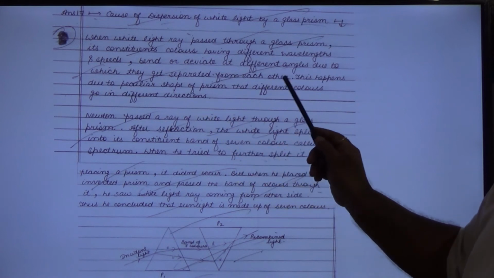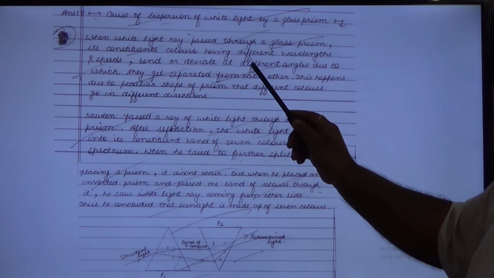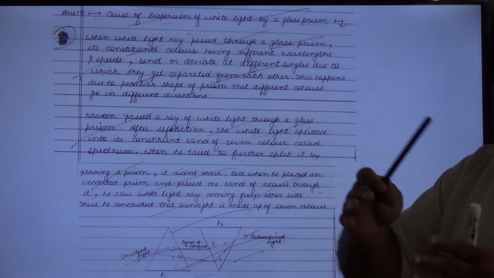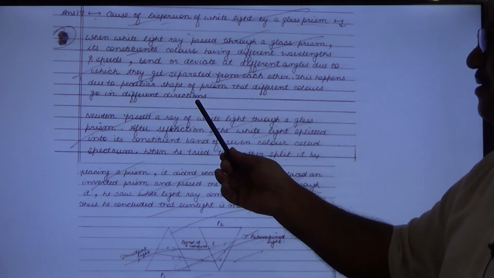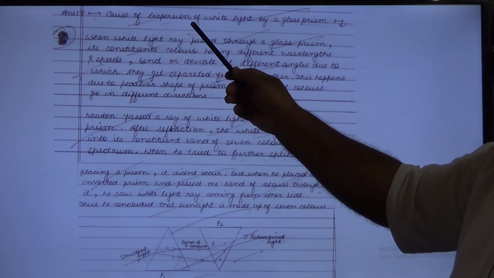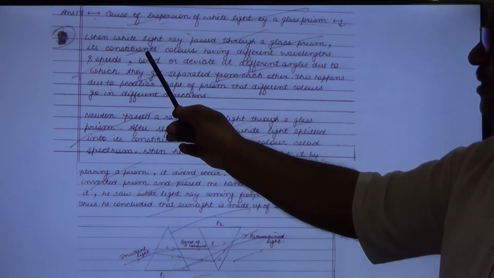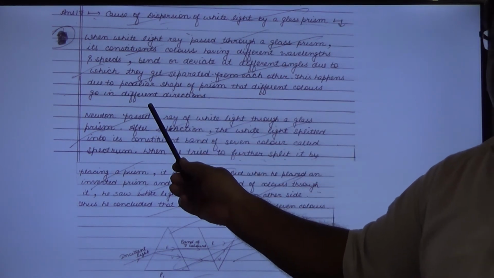That means due to the peculiar shape of the prism, the constituent colors get further separated in different directions. This is the answer for the cause of dispersion of white light by a glass prism. Important, there are 2 points involved in this answer.